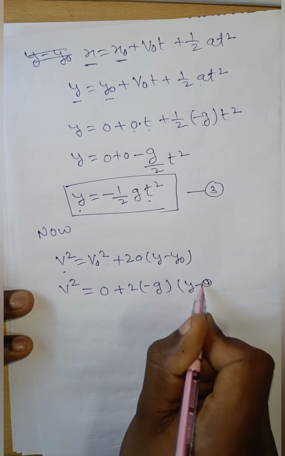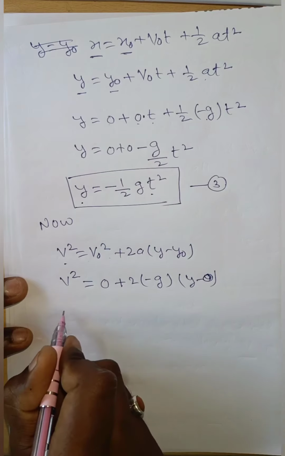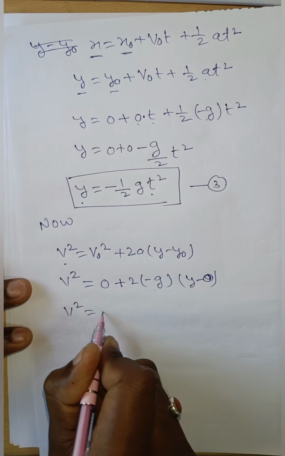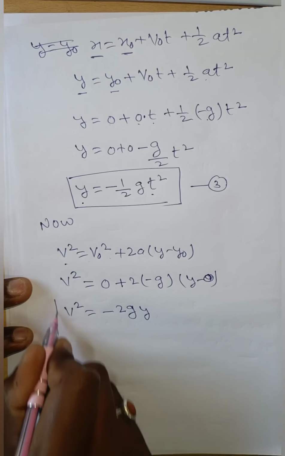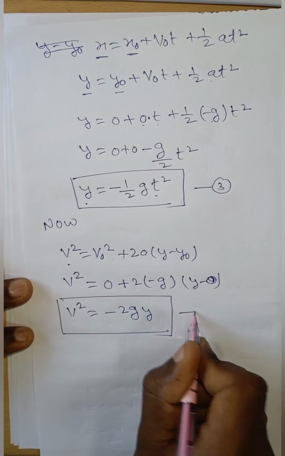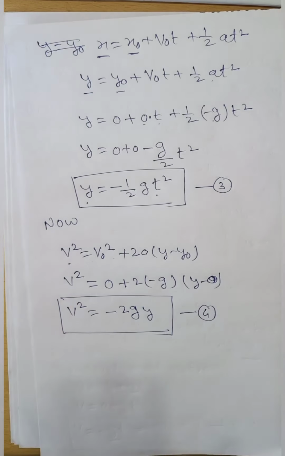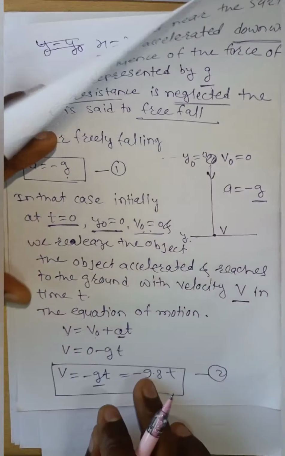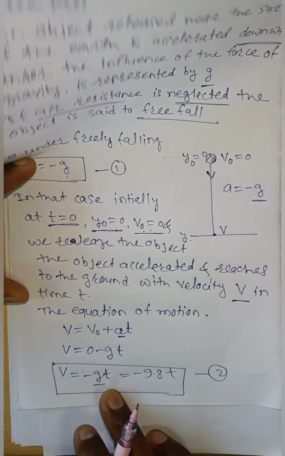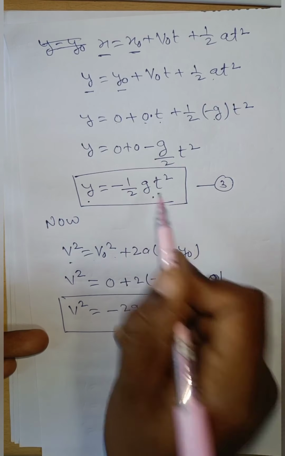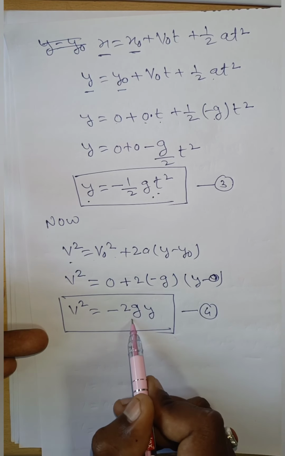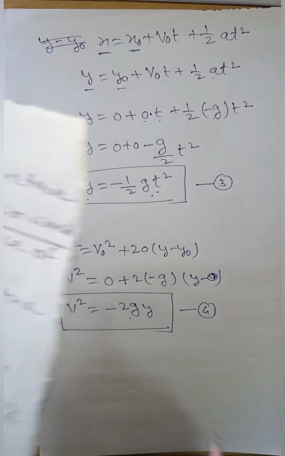Here y naught is also 0. Therefore v square is equal to minus 2g into y. This is equation 4. Then the equations of motion become v is equal to minus gt, y is equal to minus half gt square, and v square is equal to minus 2gy.